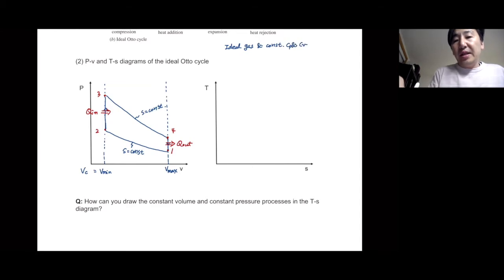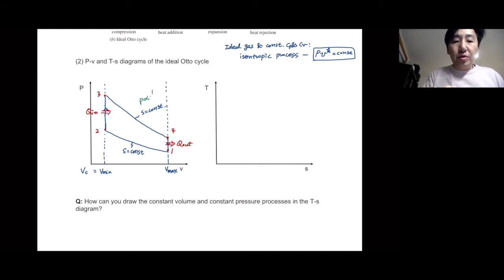Now, the isentropic process gives us the relation of P and V as this, right? From this relation, you can see that the curve represents P proportional to 1 over V^k.